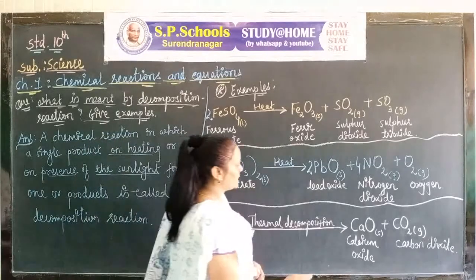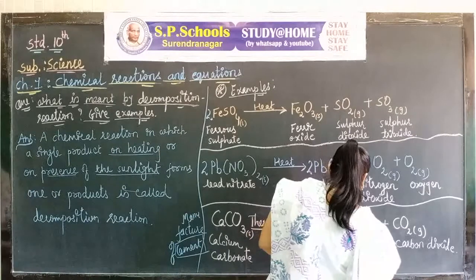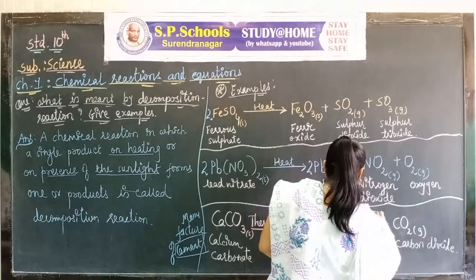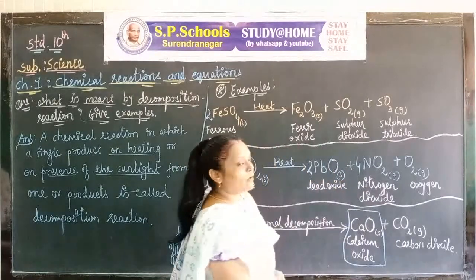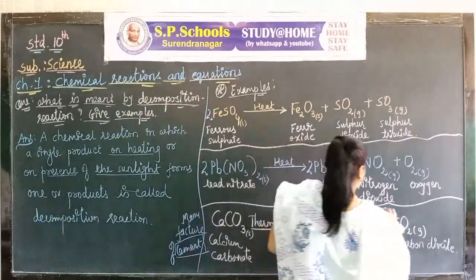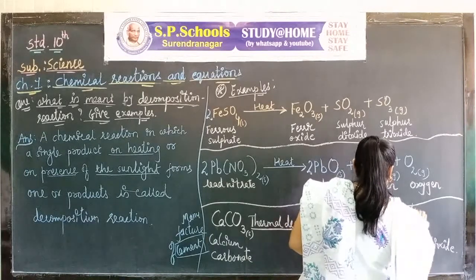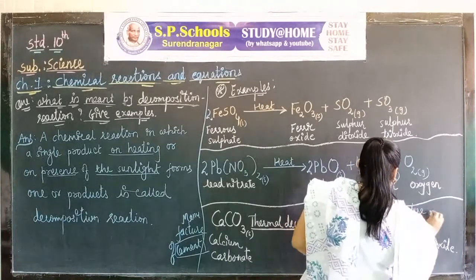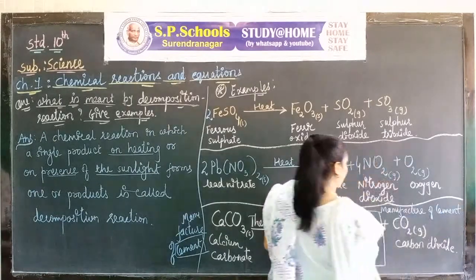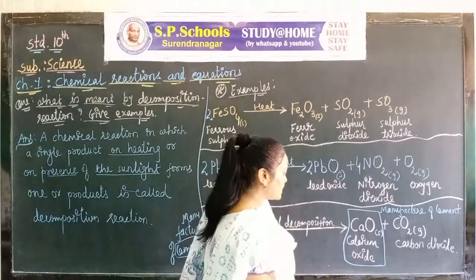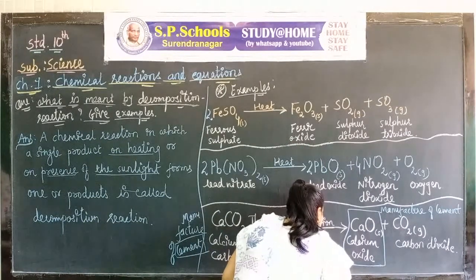The product is calcium oxide, which is used in the manufacture of cement. Calcium oxide is also called quicklime.